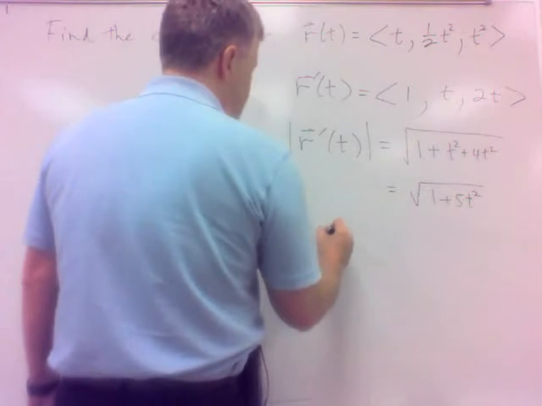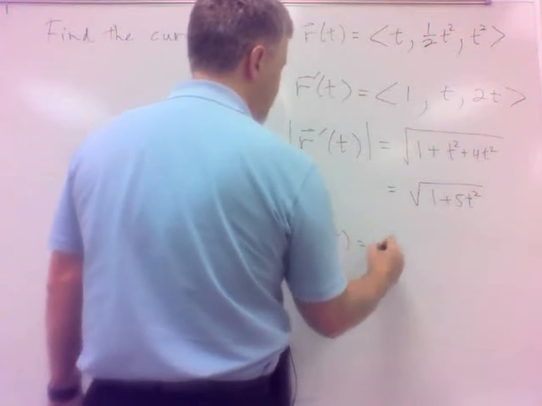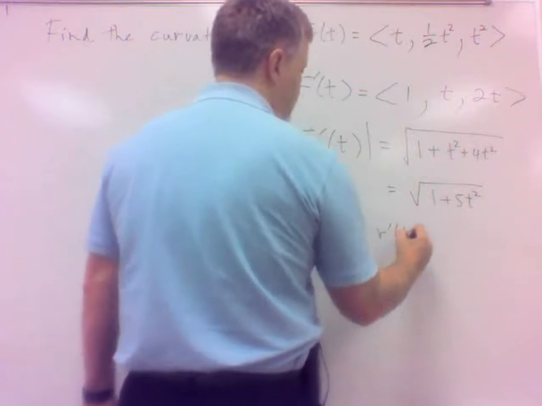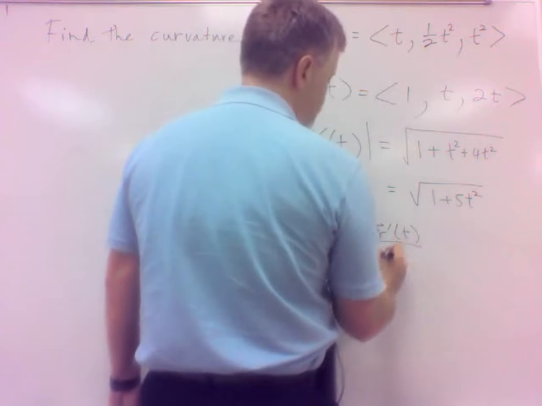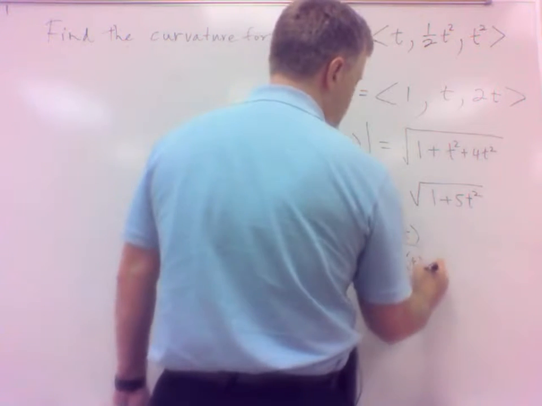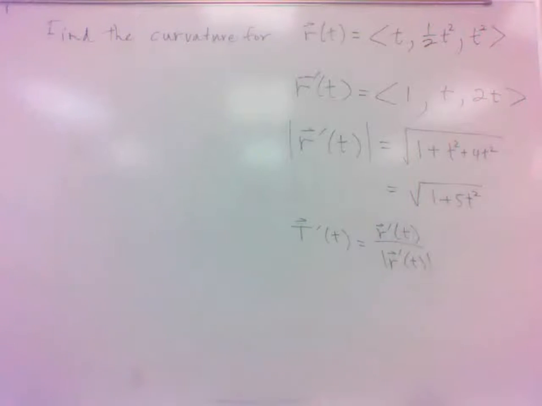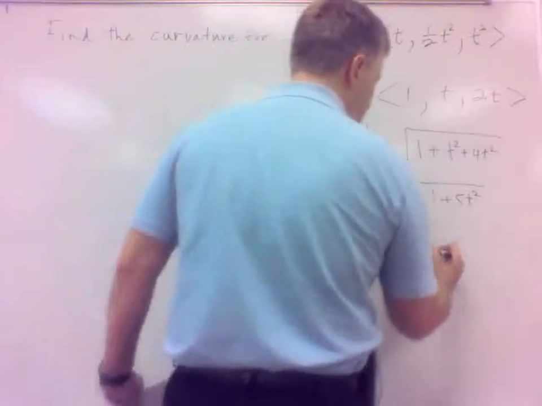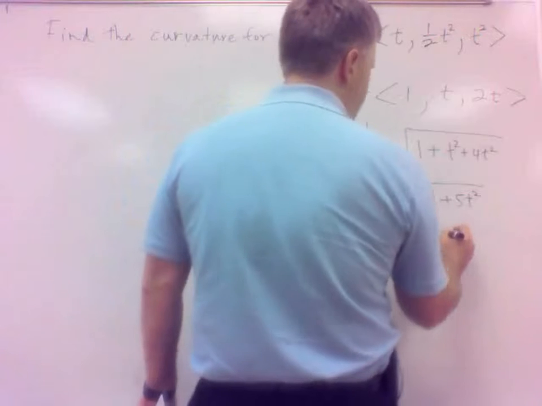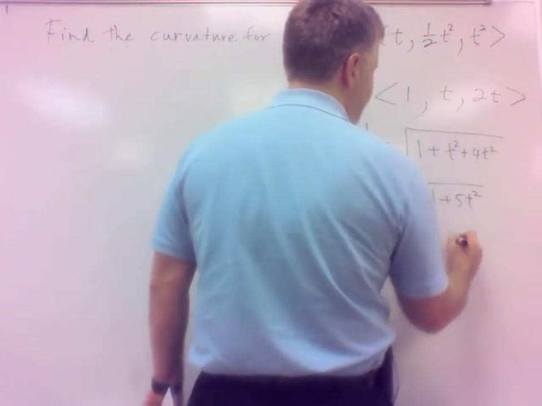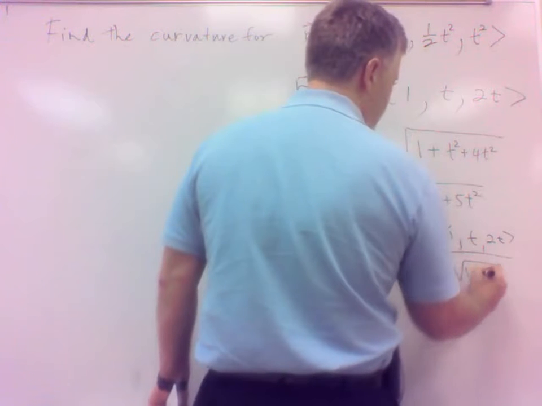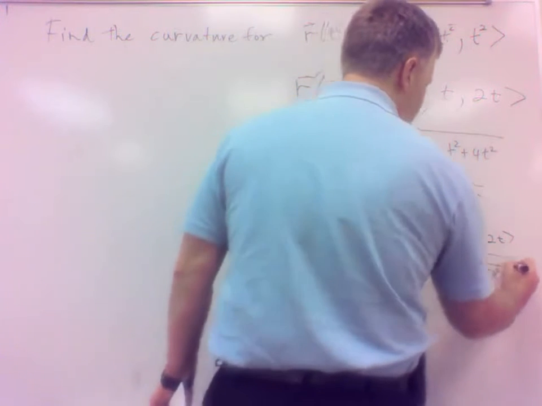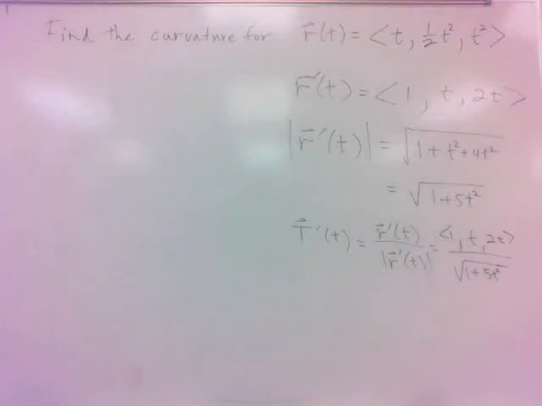Which makes our unit tangent vector then our derivative vector divided by the magnitude. So that would be 1, t, 2t, and then we divide it by the square root of 1 plus 5t squared.